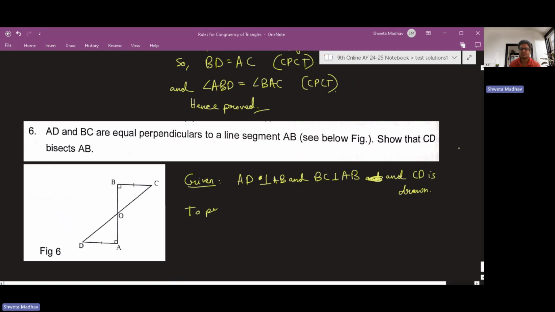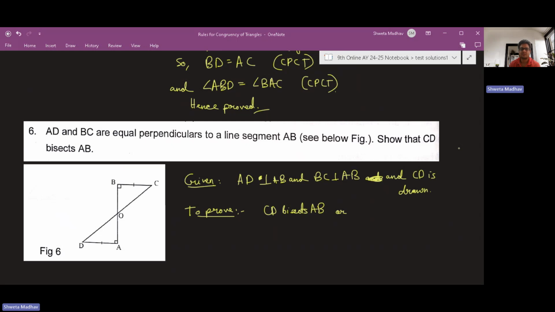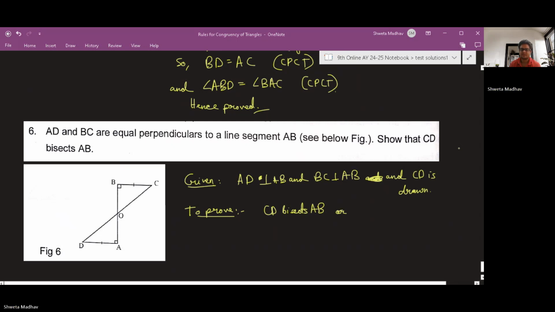We have to prove that CD bisects AB, or we can also say that OA equals OB. So how to prove it?